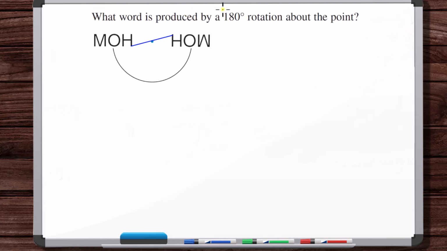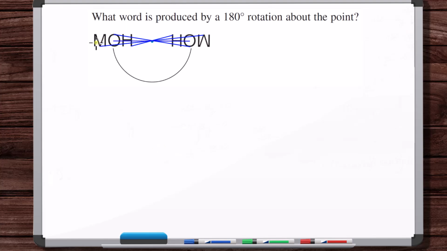So if we connect any corresponding points, it's going to be a straight line through this point here. Those are corresponding points. Those are corresponding points, etc. The center of the O. You see?